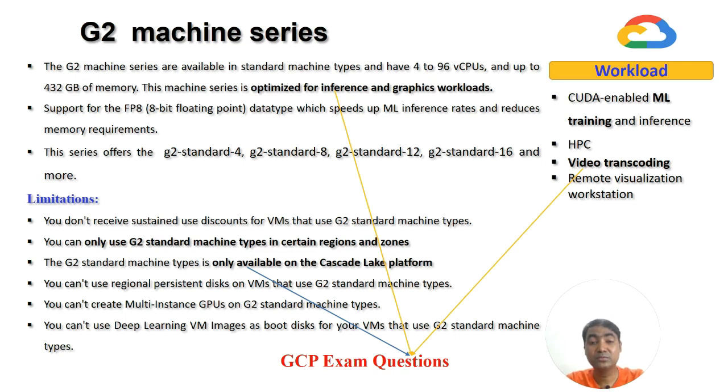It will be helpful for your GCP examination, and as a cloud architect or cloud engineer, you should know about all the machine series so that you can easily understand them and suggest them to your customer, in which scenarios you can use all the machine type series based on your requirement.